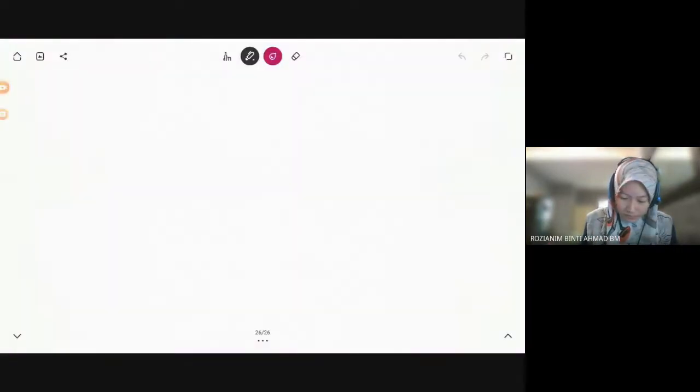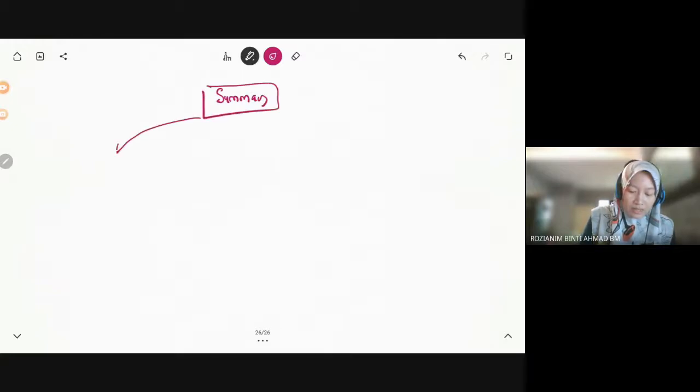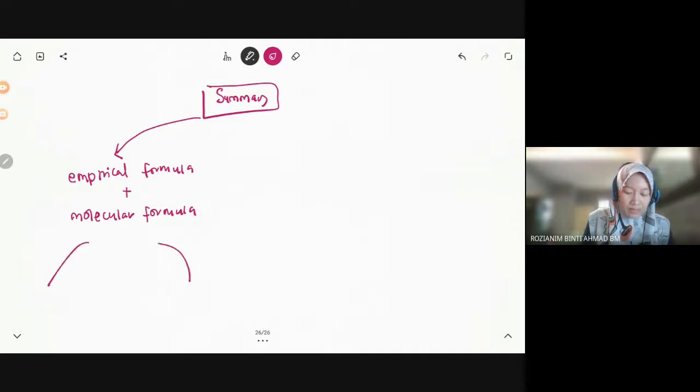Pertama, kita belajar tadi the concept of empirical formula and molecular formula. Apa summary dia? Empirical macam mana? Molecular macam mana?